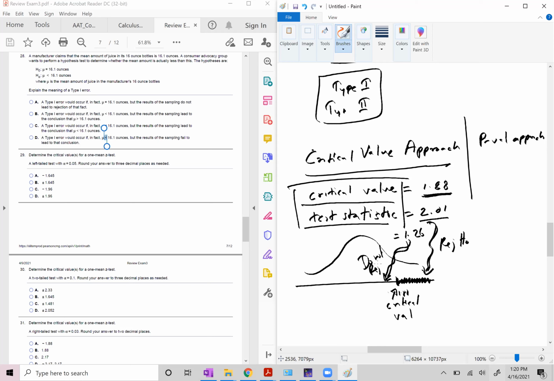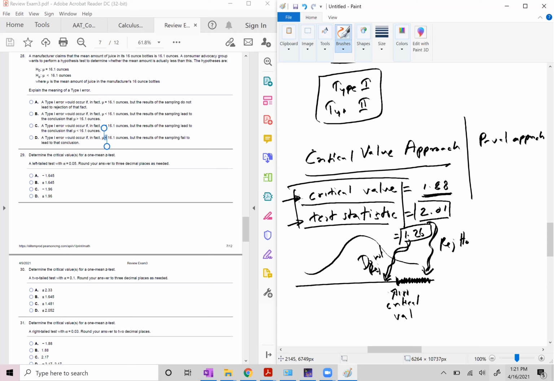That's how we make the conclusion. That is called the critical value approach. And one ingredient that we need in the critical value approach is the critical value. We haven't discussed calculation of the test statistic yet. I just put in two values to give you some idea how to make the conclusion. So these questions are based on this critical value.